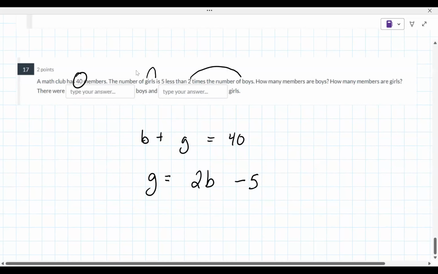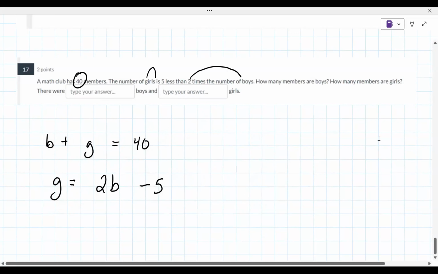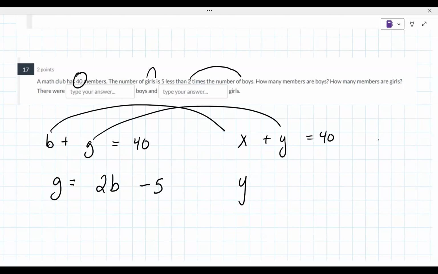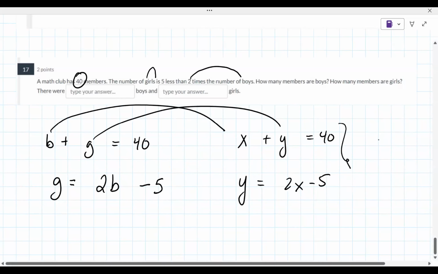Okay, now, because you're allowed to use Desmos, you can switch to x plus y equals 40. And then because b is really x, you can just map these variables. And then y equals 2x minus 5. You can graph these and then find the intersection of them.